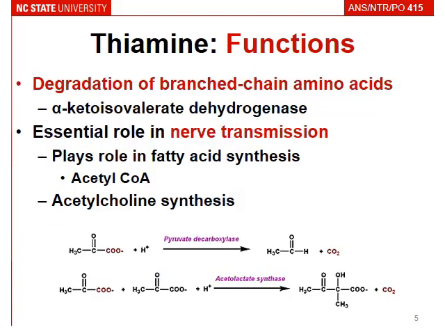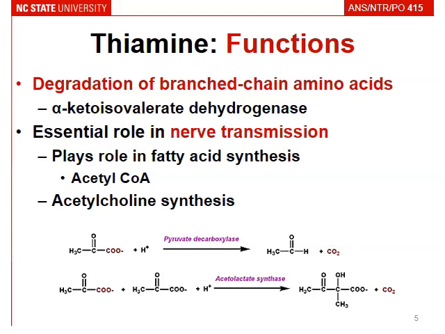So in addition to thiamine's function in carbohydrate metabolism, we have a couple other things that it does outside of that, including it's required for the proper degradation of branched chain amino acids. So it is a cofactor for alpha-ketoisovalerate dehydrogenase.